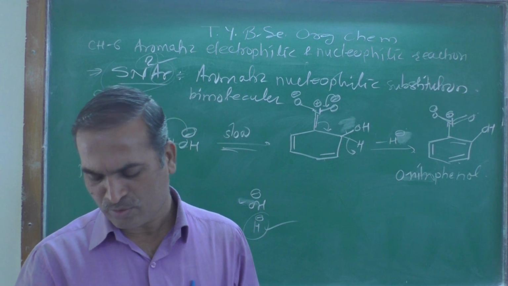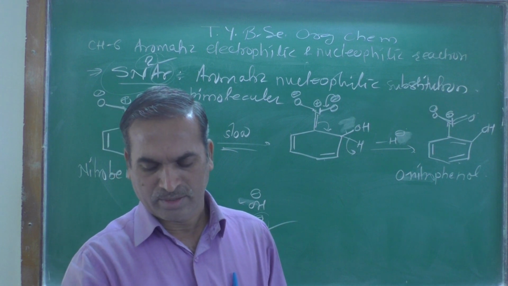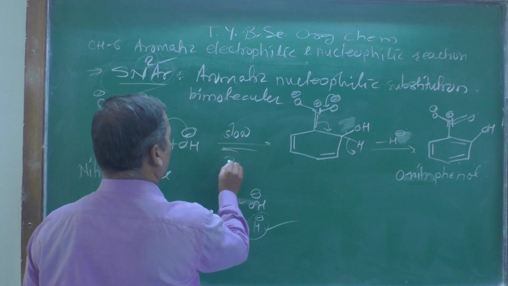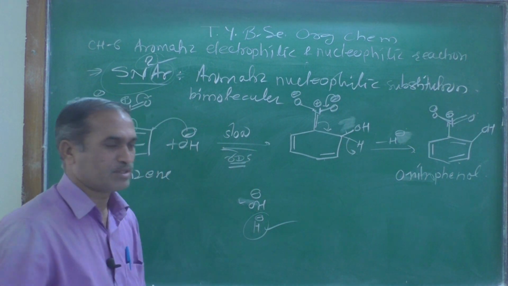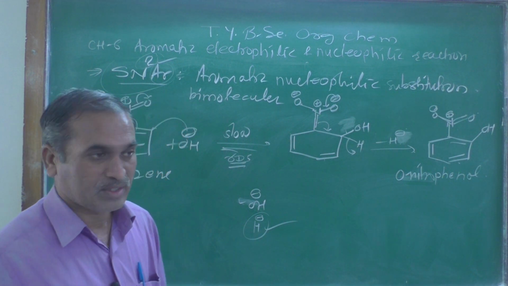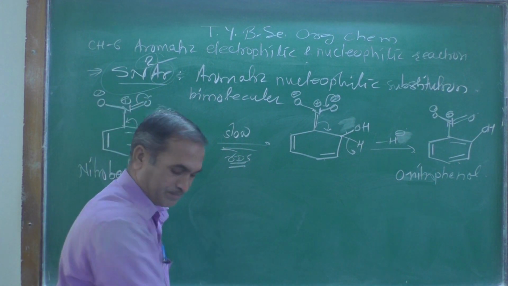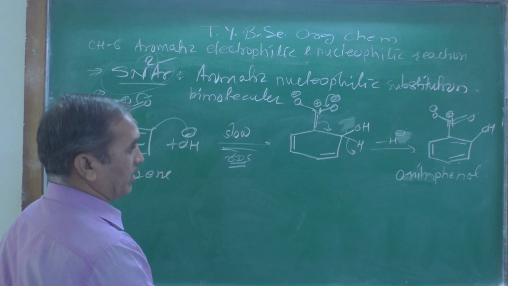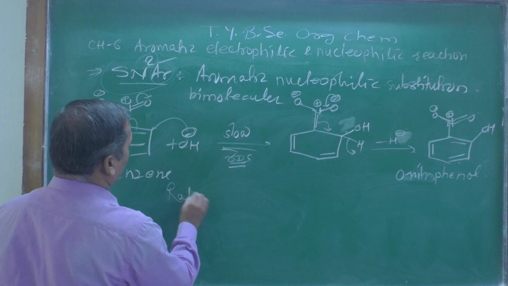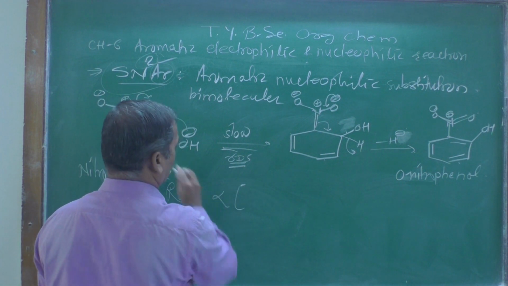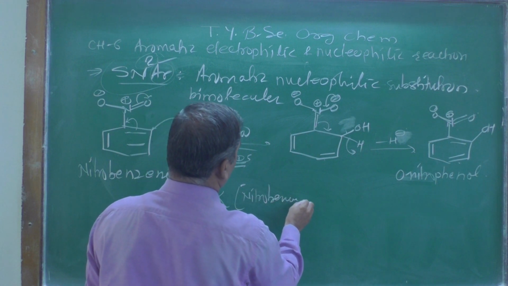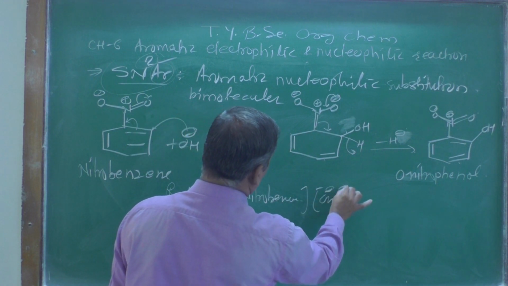So this is ortho-nitrophenol we got here, and now the slow step is the rate determining step. RDS means it is a rate determining step, and a careful kinetic study of the rate of reaction directly indicates that the rate is directly proportional to the concentration of nitrobenzene and the concentration of OH minus.